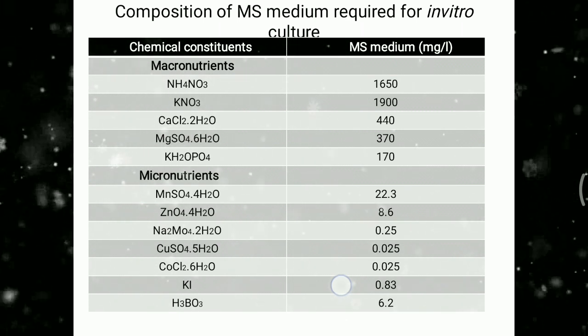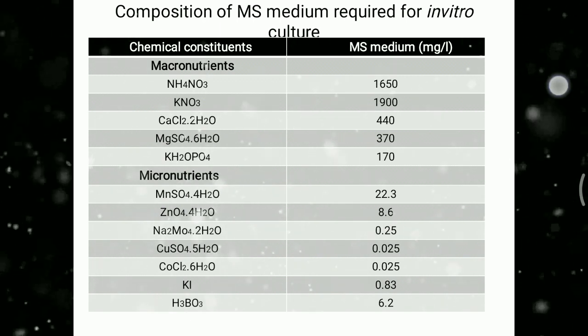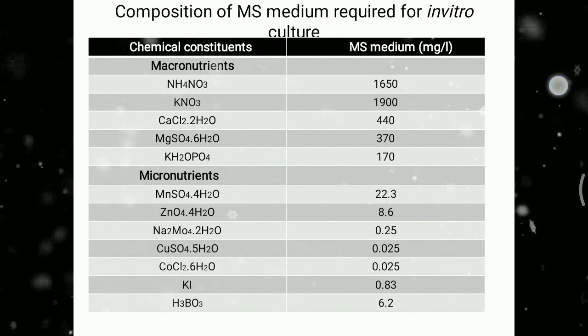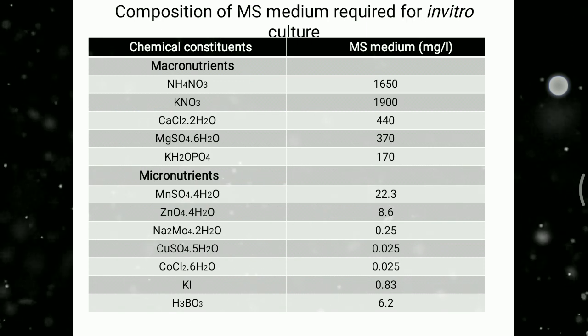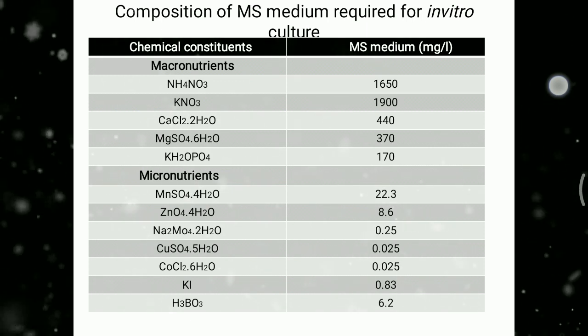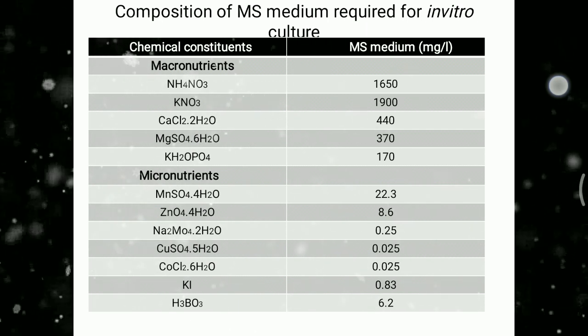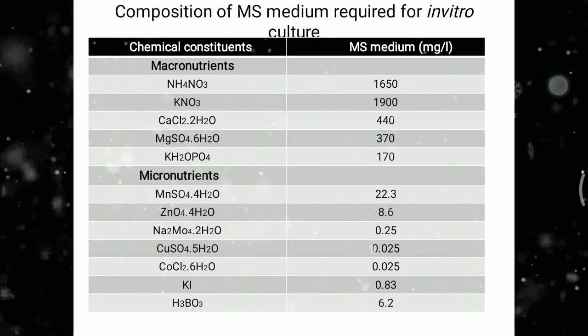potassium biphosphate 170 milligram per liter. On the other hand, we use micronutrients, which are manganese sulfate 4H2O, zinc sulfate 4H2O, sodium molybdate 2H2O, copper sulfate 5H2O, cobalt chloride 6H2O, potassium iodide, and boric acid, as you know.